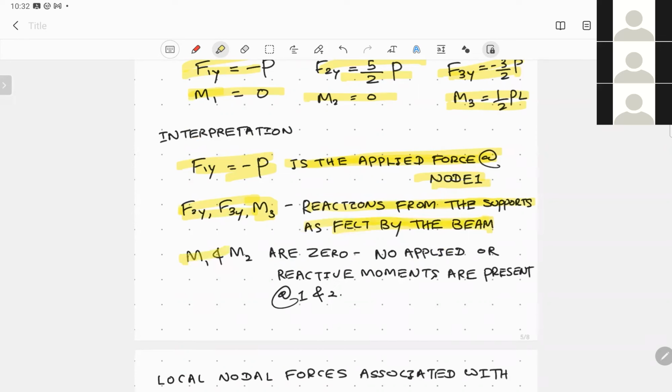Yeah, so M1 and M2 are 0 because there are no applied or reactive moments present at these locations. So this is the physical interpretation of the results that we have just obtained.